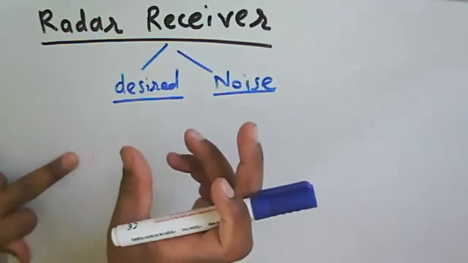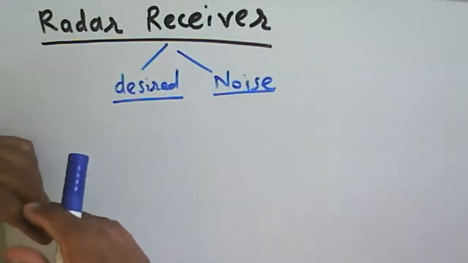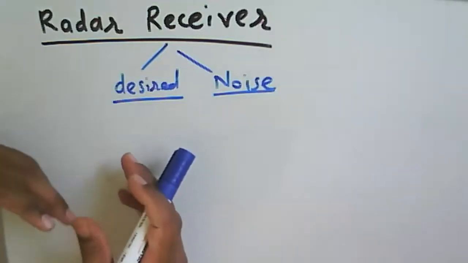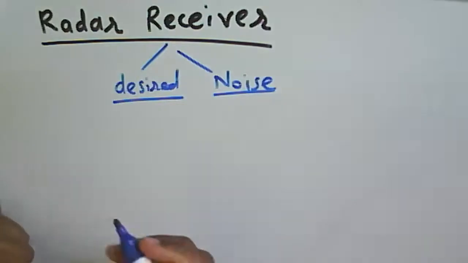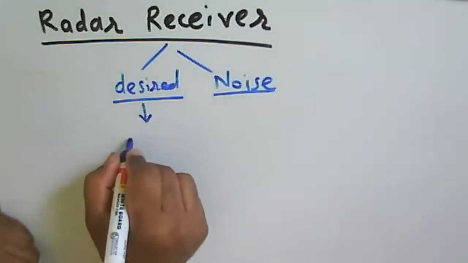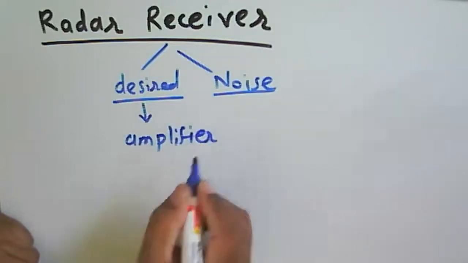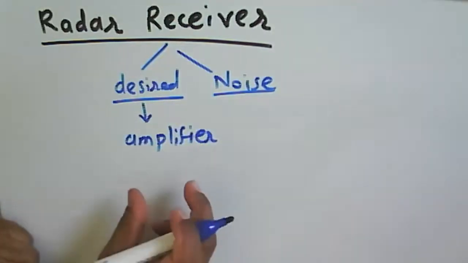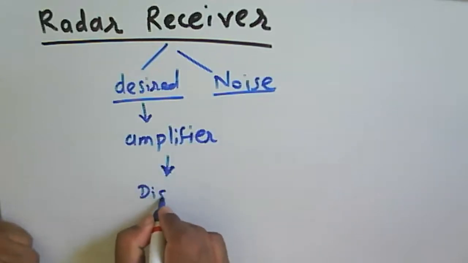The signal level is very low for the display devices, so we need to amplify the signal level, and once we use an amplifier we can provide the signal to a display device.